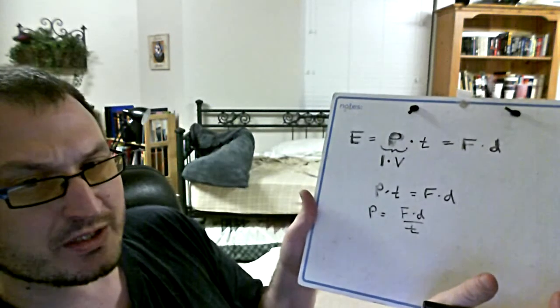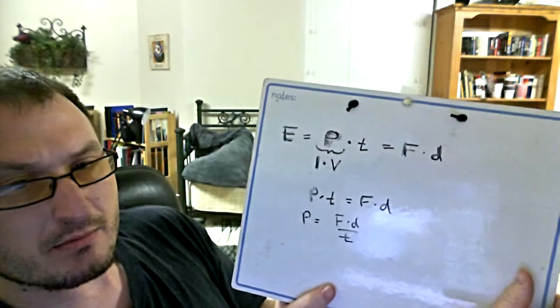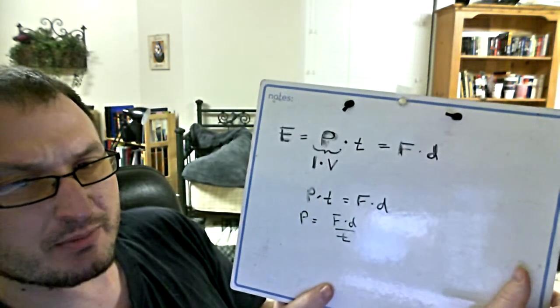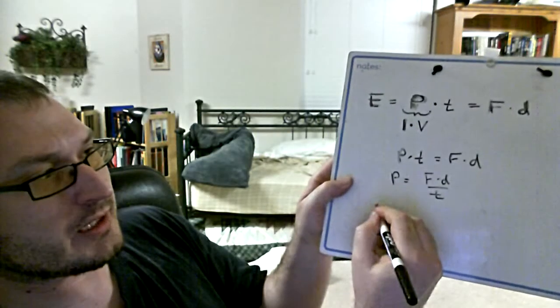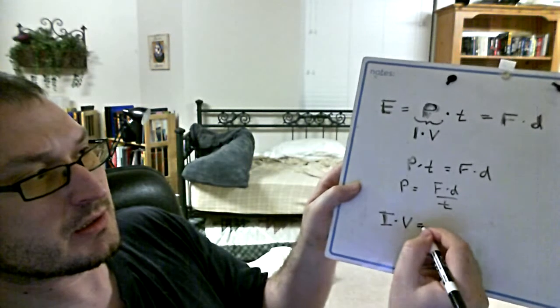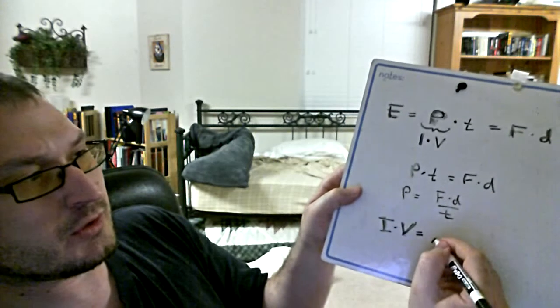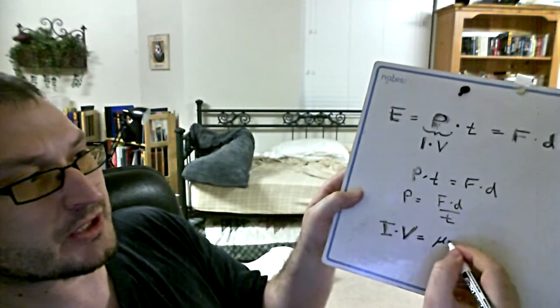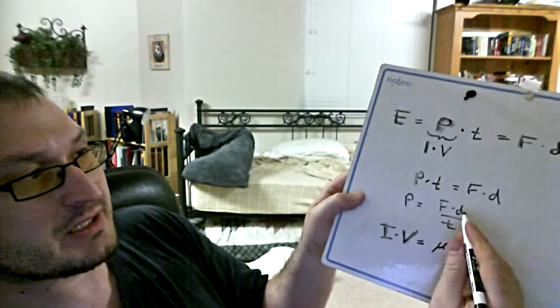My force is the force of friction, and that is equal to the coefficient of friction multiplied by the normal force. My power, I've said, is equal to the current times the voltage. This is a big V here. And that's equal to my coefficient of friction times the normal force, that's F, times distance over time.